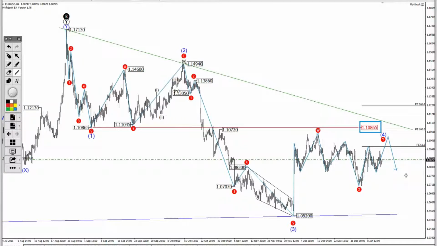So larger waves can be strongly correlated to smaller waves with Fibonacci relationships, and also waves between corrections are usually related based on Fibonacci relationships. So 61.8%, 38.2.